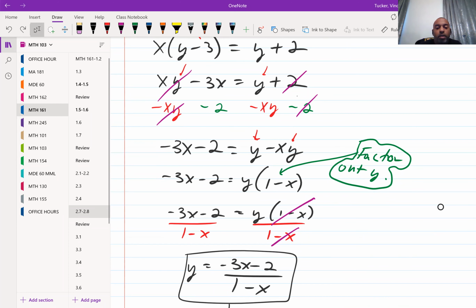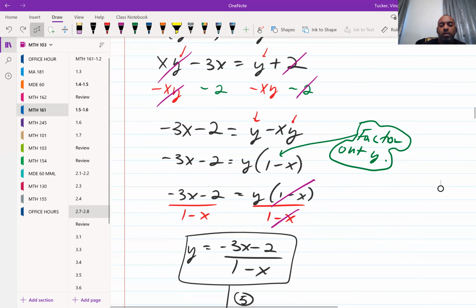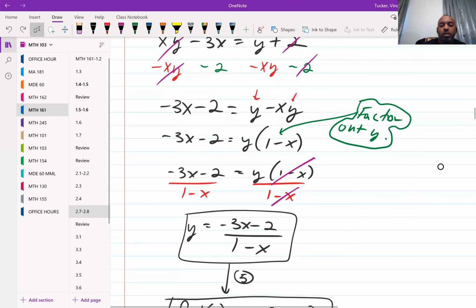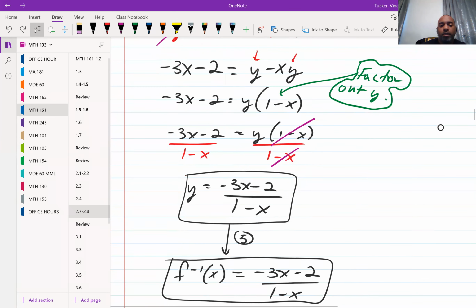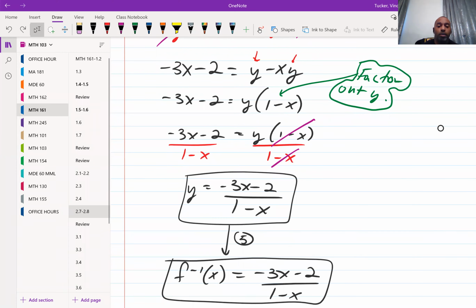Questions on that? Any questions on that? All right. So the final step is to substitute f inverse of x for y.